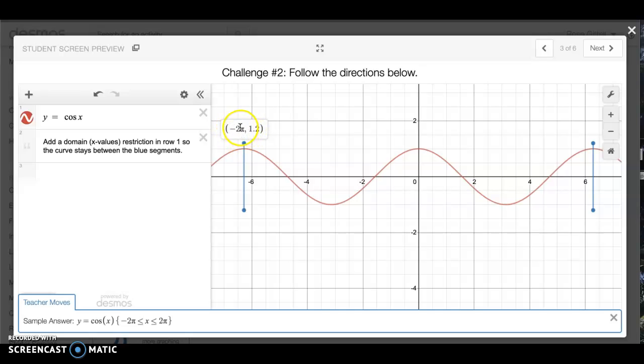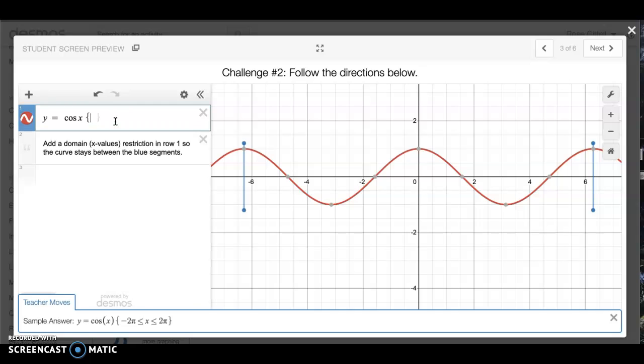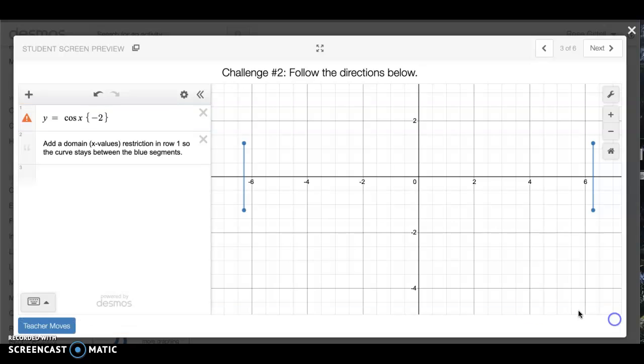A little bit weird, but this is actually a number. Pi is just a number. I get 3.14. So I can use this as part of my restriction. I want the function to exist for x values greater than negative 2 pi. Let's see my calculator.